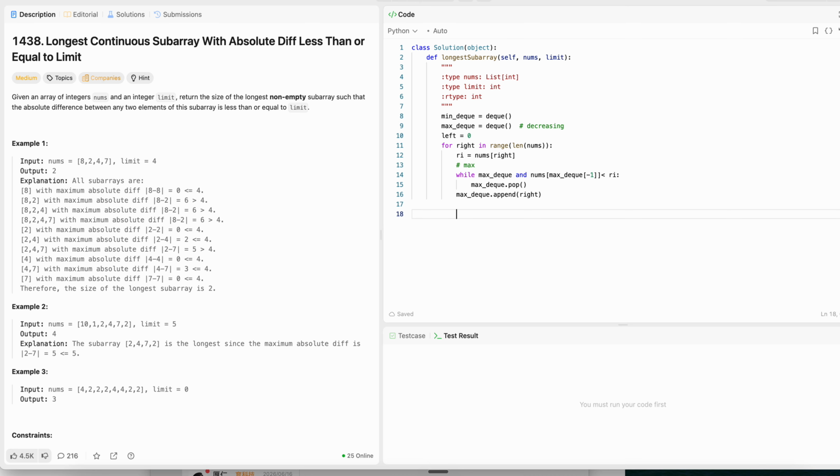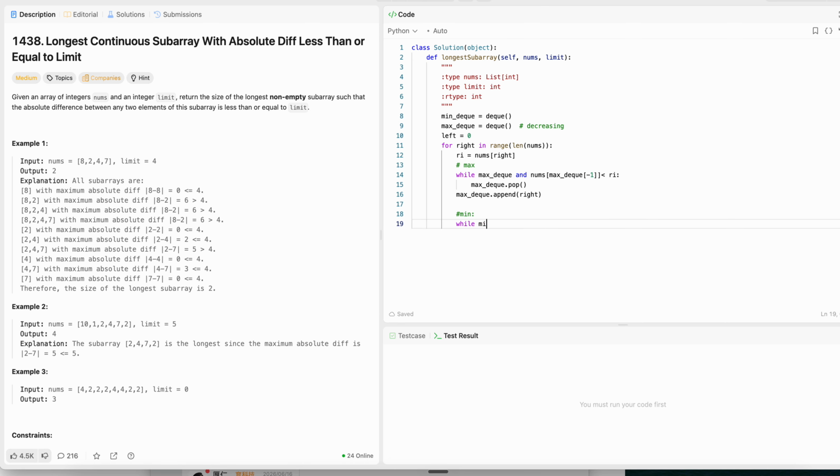Let me think. And for the min deque, we also need to maintain this. So for the min deque, we are going to make sure that it is increasing, as we always want to get the smallest one.